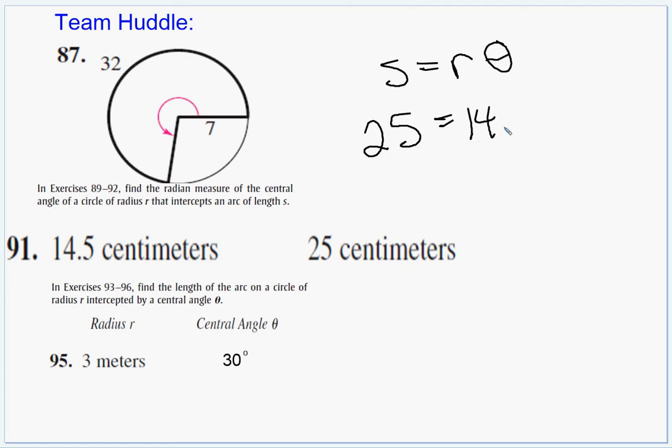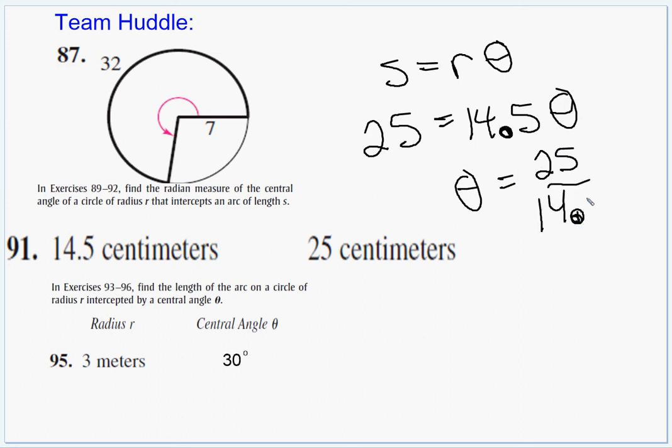R is 14.5 times theta. And then if we just divide that, theta equals 25 divided by 14.5. Now, if we do that division, we get theta equals 1.724.